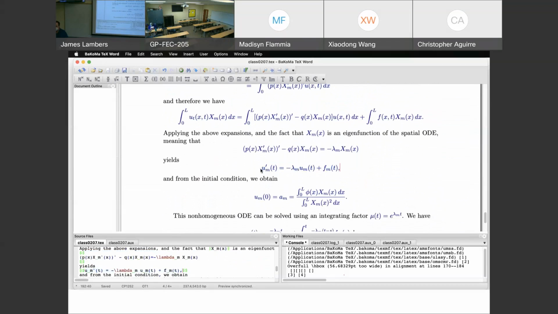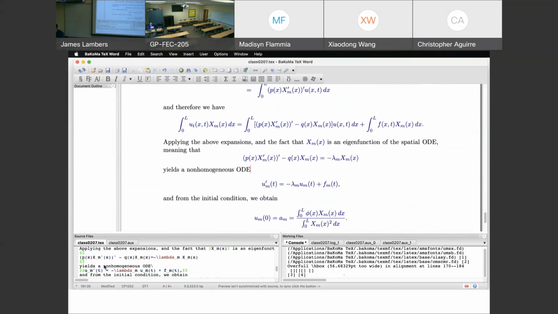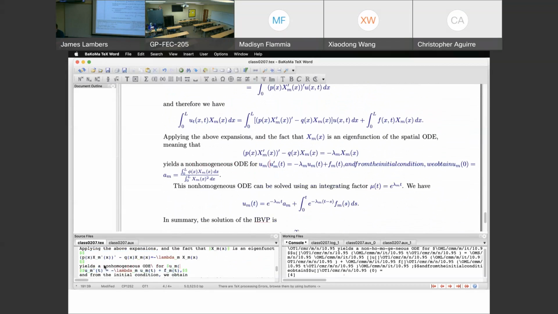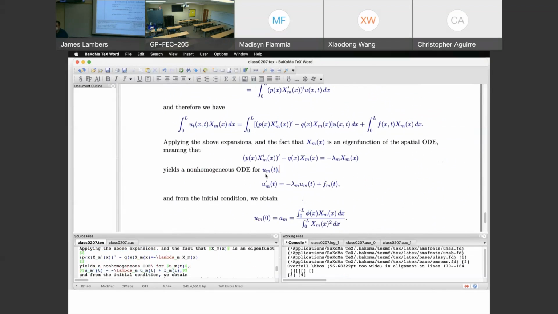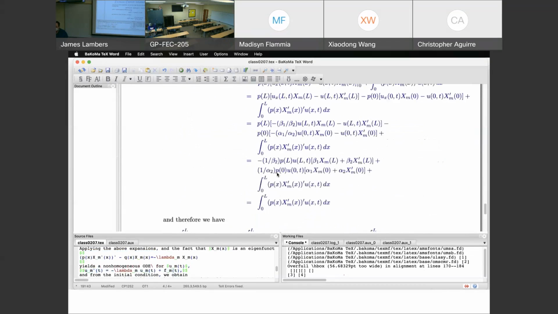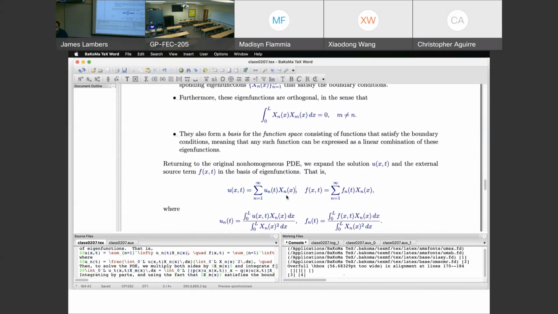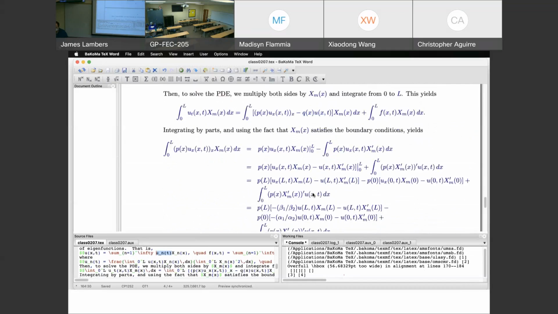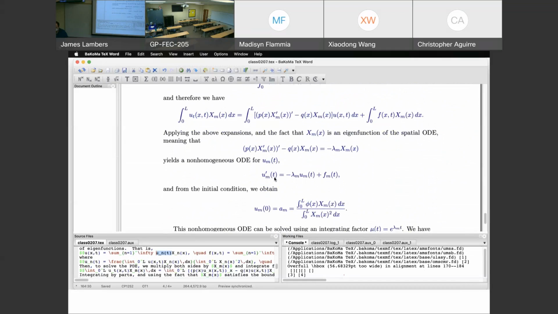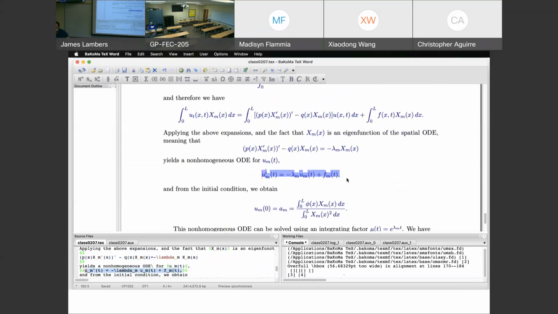I have a non-homogeneous ODE for u_m of t. Because I know my solution has this form. I just have no idea at the beginning how I'm going to get these. But now I do know that I just have to solve this ODE.